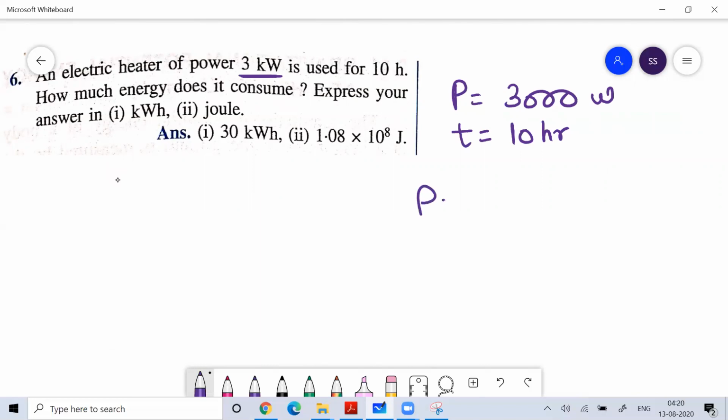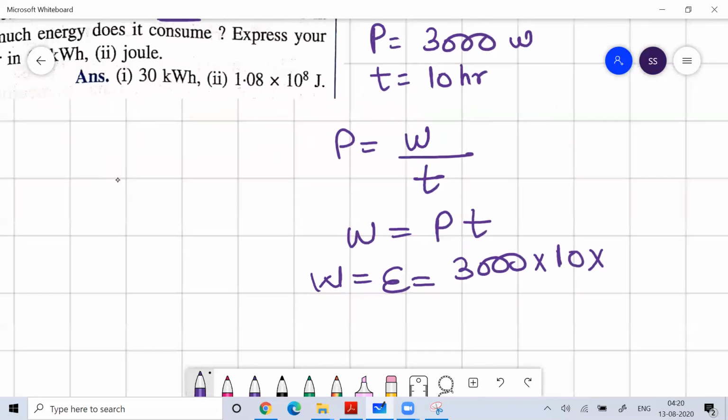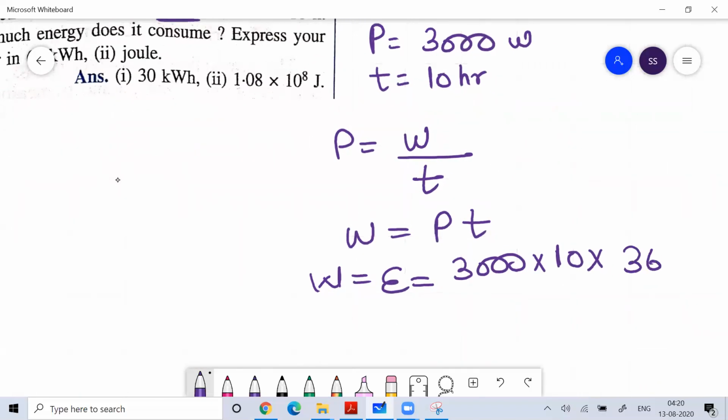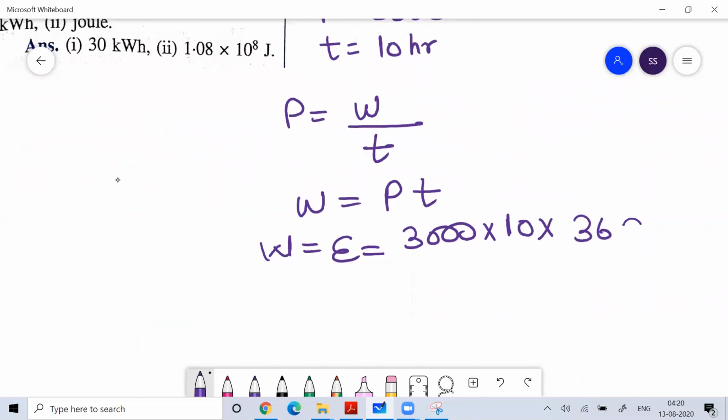You know the power formula: power is work done by time taken. Work done or energy both mean the same thing, so that is equal to power into time. Power is 3000 watt and the time is 10 hour, which you should convert into second, that is 36000 second.